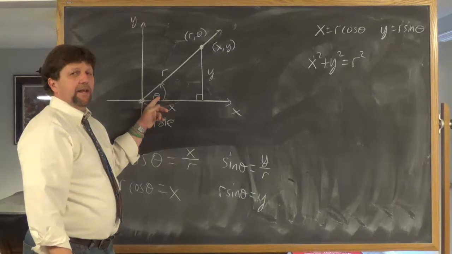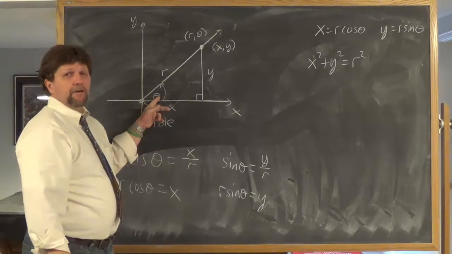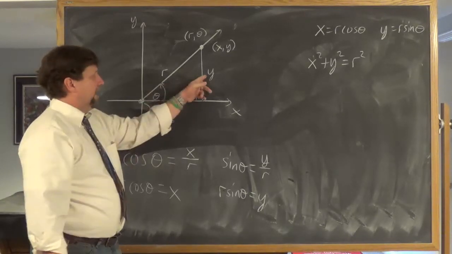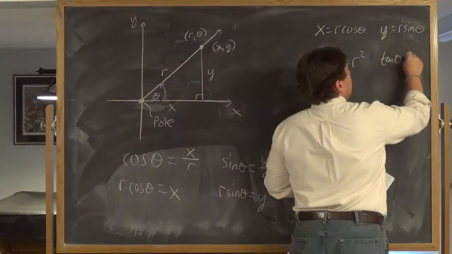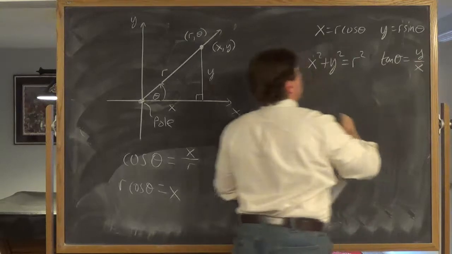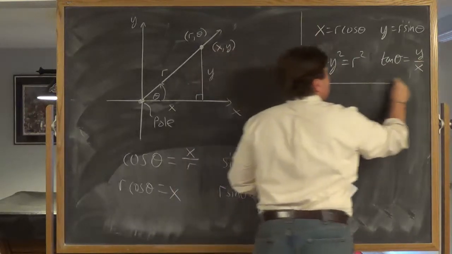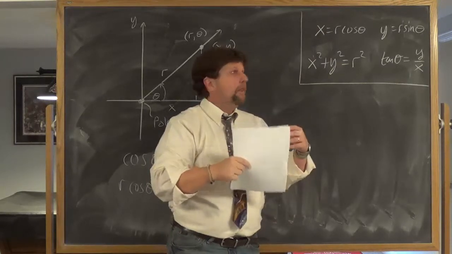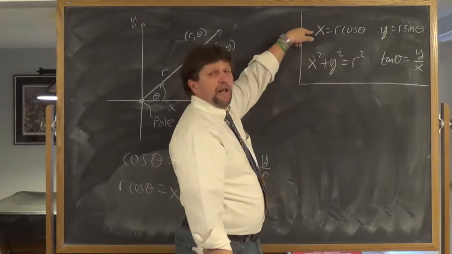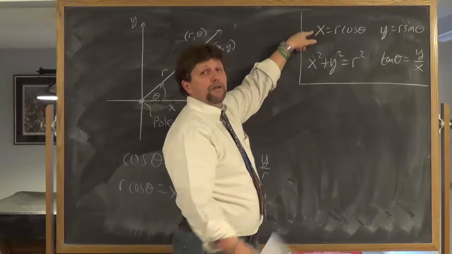What's the tangent of theta? It's opposite over adjacent. So tangent of theta is y over x. I need you to know this, folks. The first line here is how to convert from polar to rectangular.